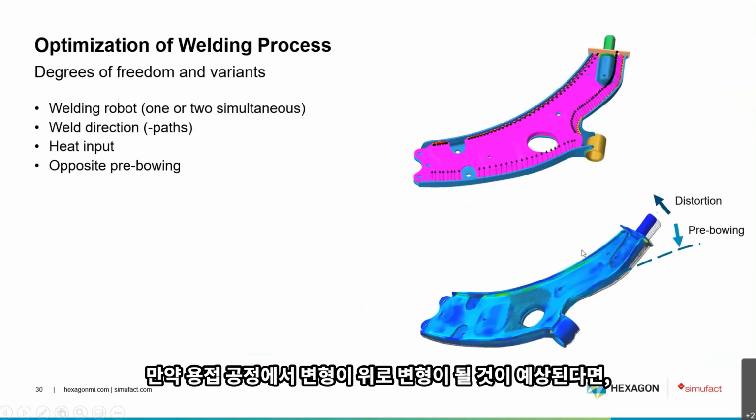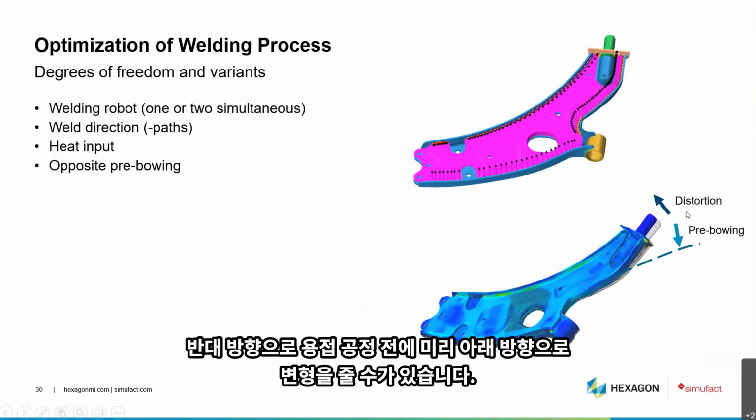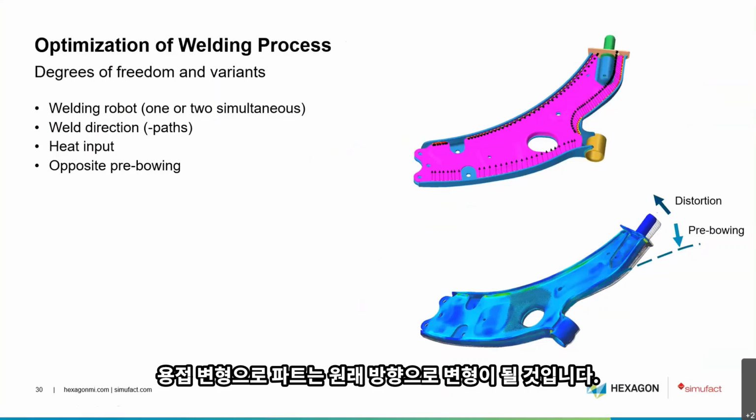If the part is expected to distort in that direction during welding, we can pre-bow the part previous to welding in the opposite direction, so that by the distortion of the welding process, the part is moved back to its designated shape.